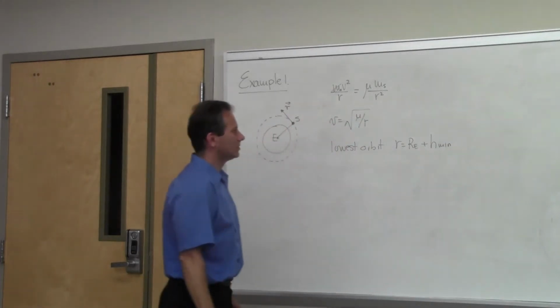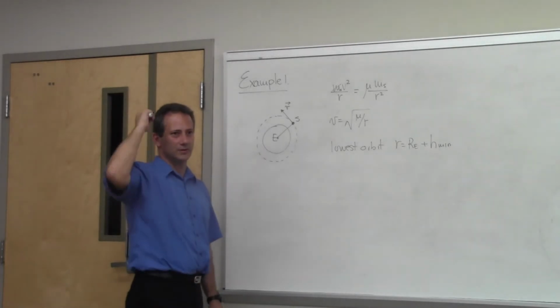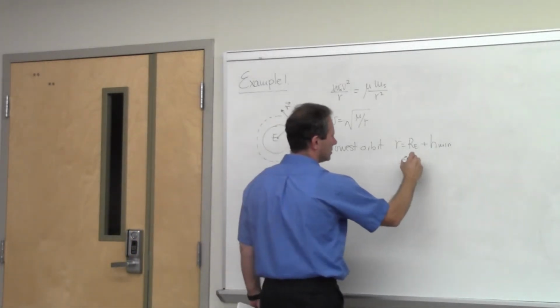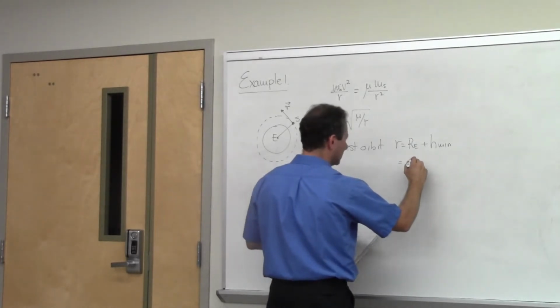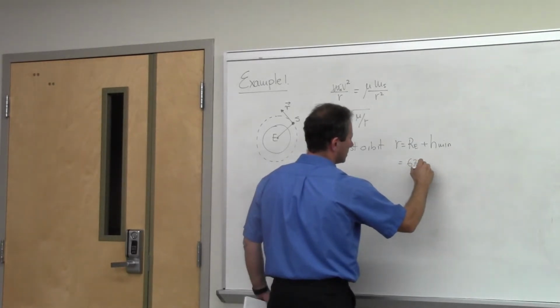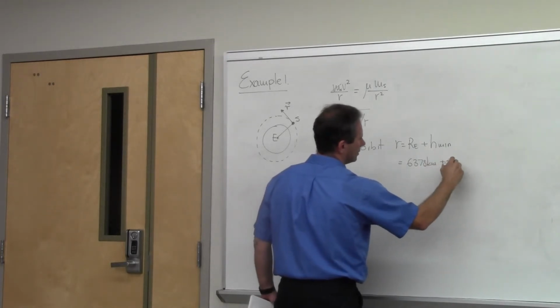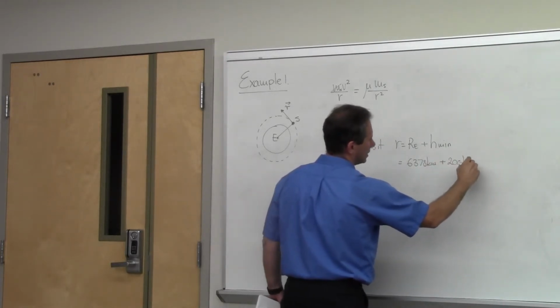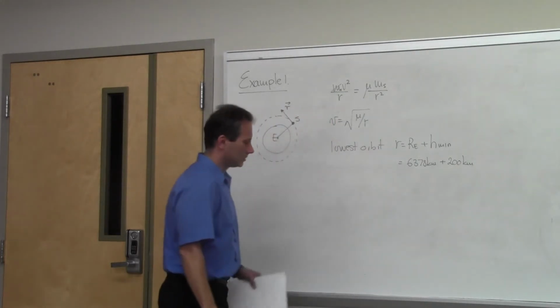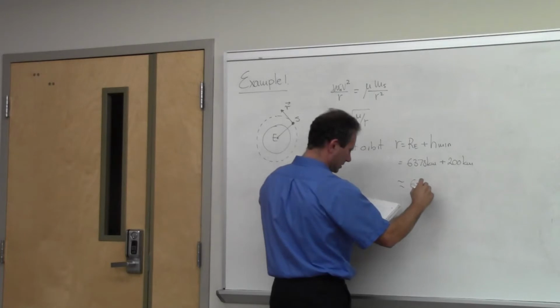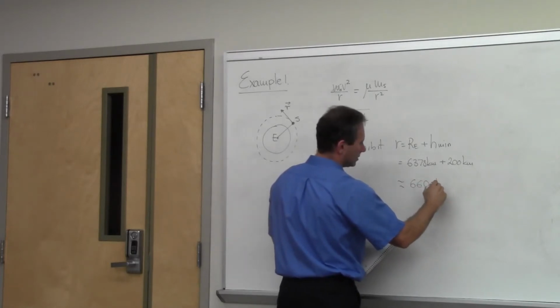You want it to be outside of the Earth's atmosphere, right? So for this example, I say the radius of the Earth is 6,378 kilometers, and for this kind of calculation, we can say the atmosphere is 200 kilometers. So this gives you a radius of around 6,600 kilometers, give or take.